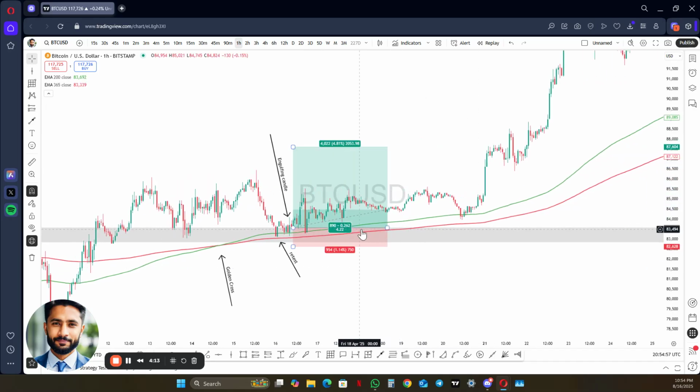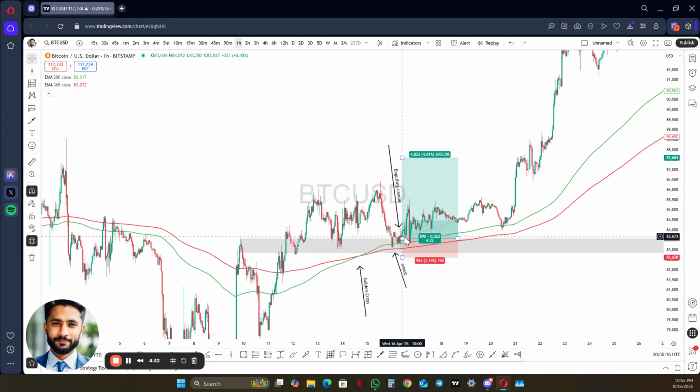But in this strategy, you will keep your trade running as long as the price is trading above EMA 200. If it falls below EMA 365, then your trade will exit. Here we entered and we are in a trade right now.